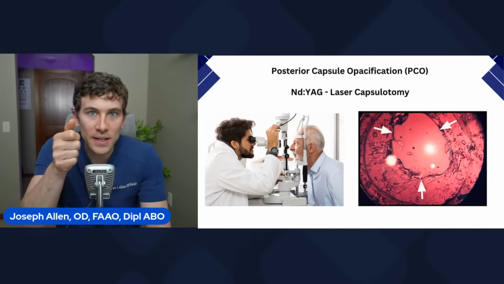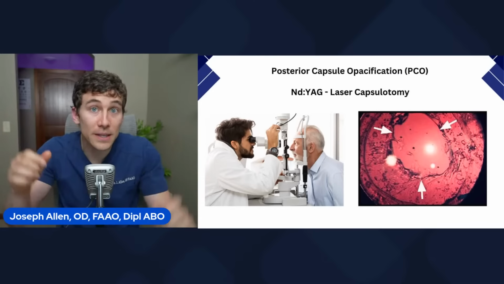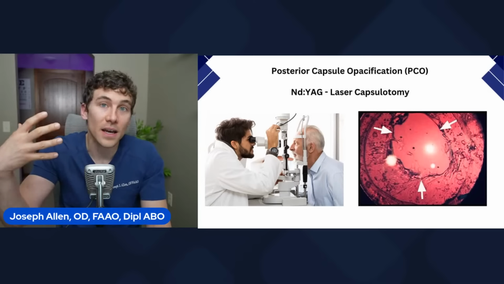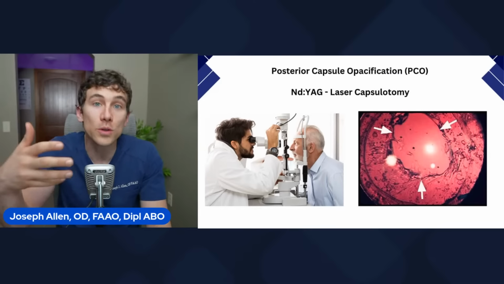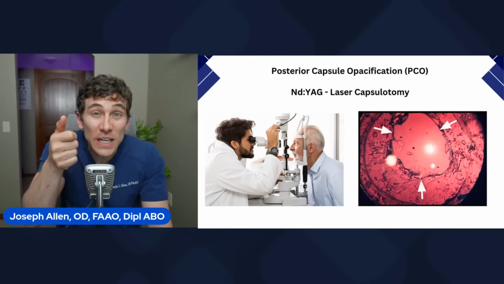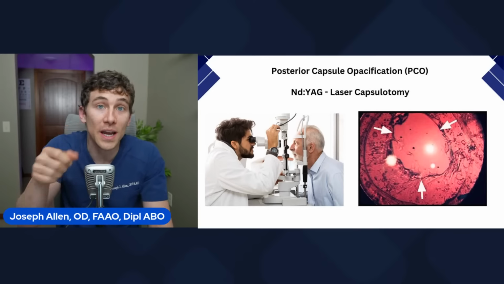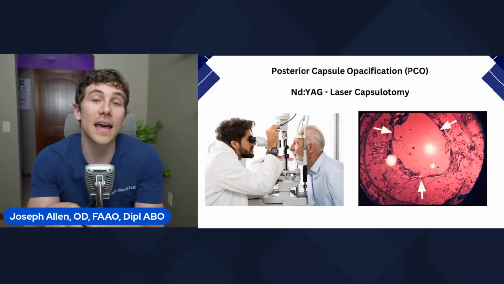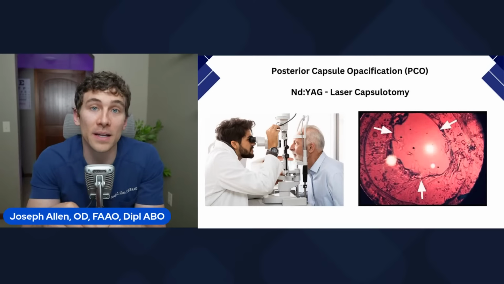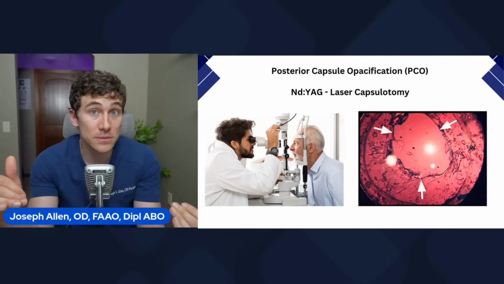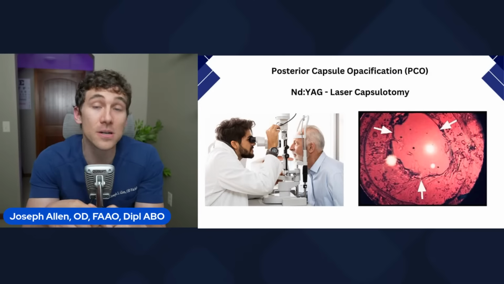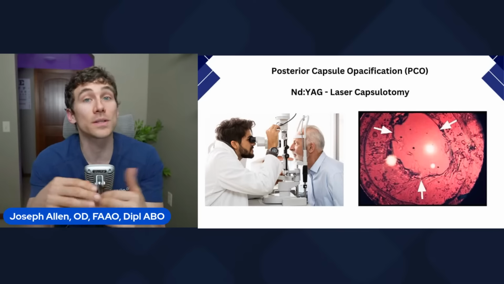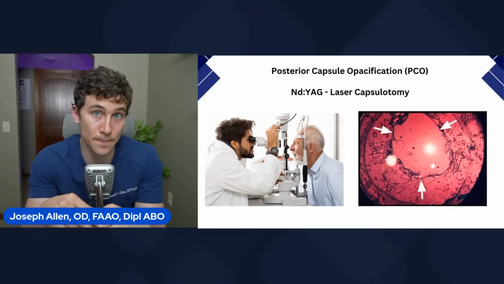Your doctor can dilate your pupil really big, we can see that growth over the implant, and then we can use the laser to shoot and break up that haze that's building up on the implant. Once we've treated it with the YAG laser, it's gone. It will not grow back a second time.